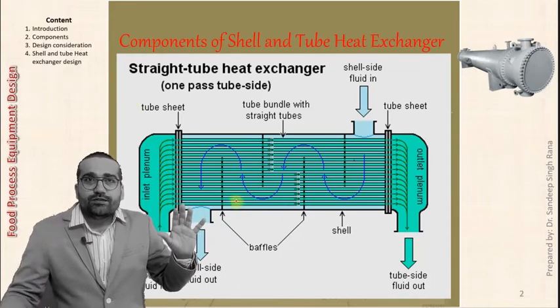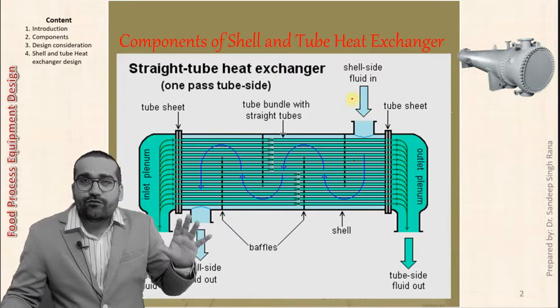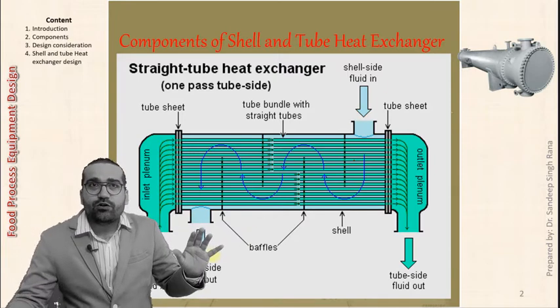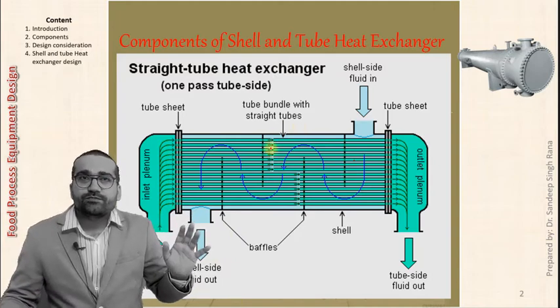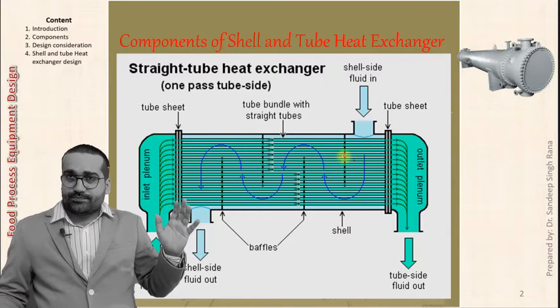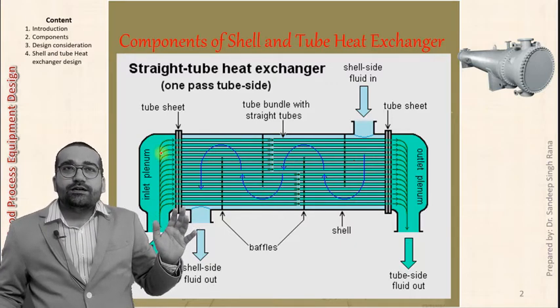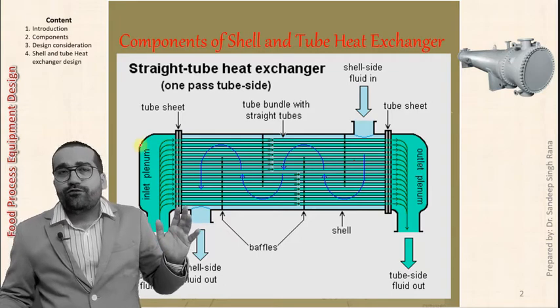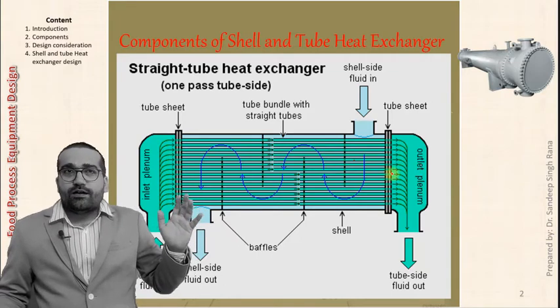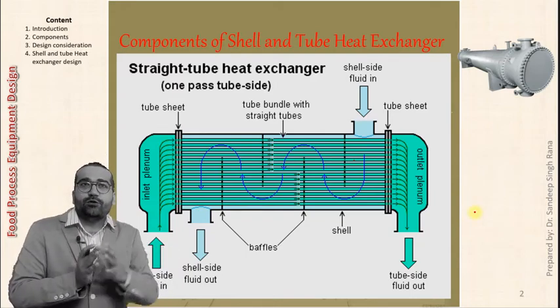Now this is inlet for the shell side fluid. This is outlet for the shell side fluid. These are the bundles of tubes, and this will be the flow of shell side fluid, and this will be the flow of tube side fluid.